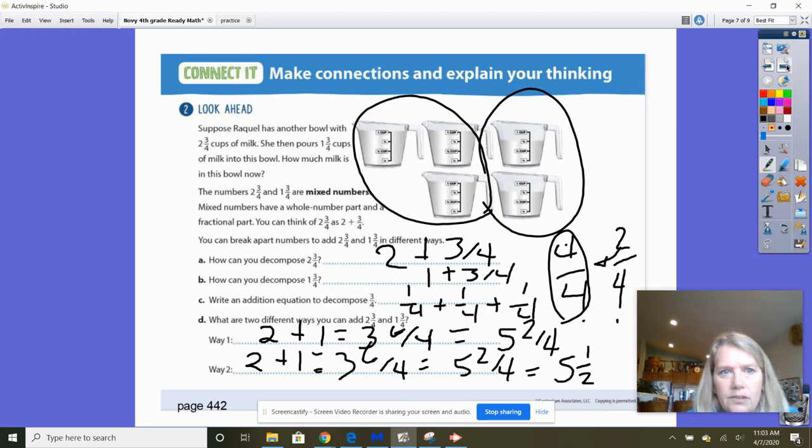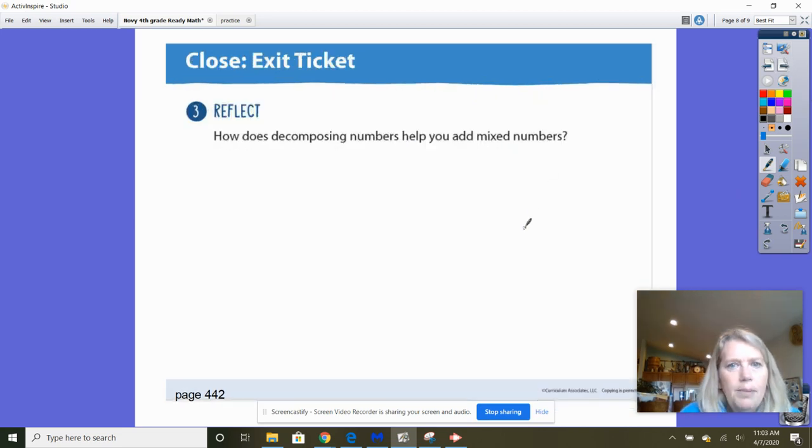Okay, that's fun. Next on page 442, how does decomposing numbers help you add mixed numbers? So write your thoughts down there. Okay, and for decomposing, for me, I think I'll go to my text button.